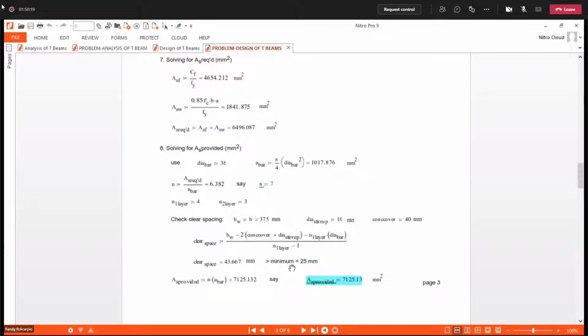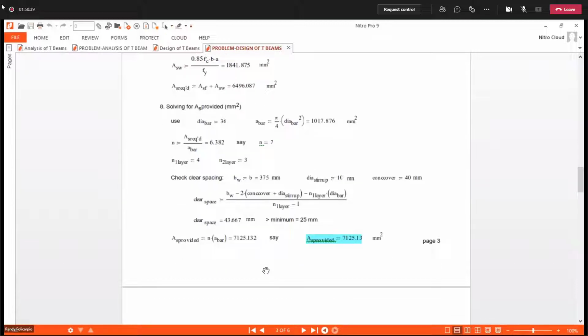So this is greater than the minimum required. So it's okay that the first layer is 4 and the second layer is 3. If you try here 5, it will be less than 25. Kaya hindi pwede yung 5. 4 lang ang pwede.